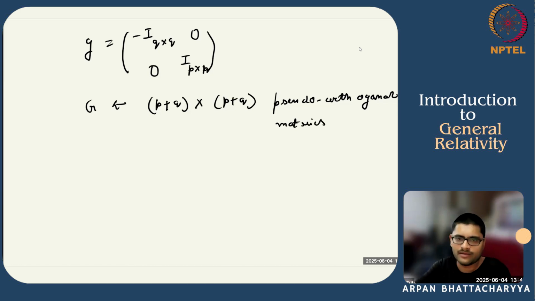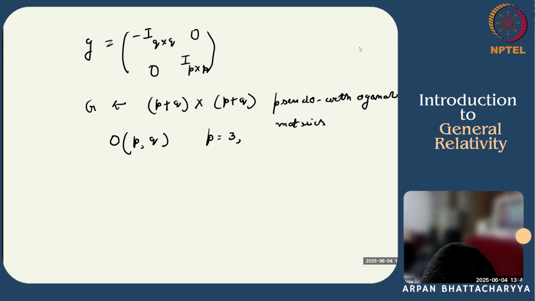When Q is equal to 1 and P equal to 3, this gives us the Minkowski metric, and we have the group called the Lorentz group, which is O(3,1). In general, this group is denoted by O(P,Q).